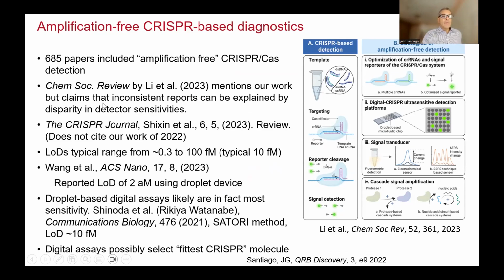For example, this Chem Society review paper by Lee et al. in 2023 mentions our work, but claims that the inconsistent reports might be explained by differences in detectors, which is absolutely wrong. I believe it is trying to downplay this catastrophe in the field. This CRISPR journal paper says basically everything's great in CRISPR kinetics and doesn't mention this catastrophe.